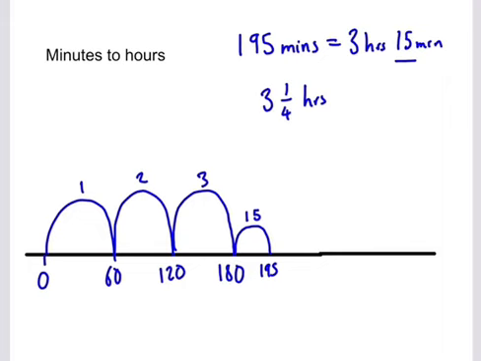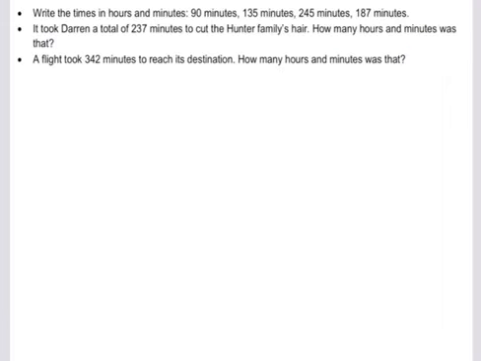Okay, let's try some questions. Write down times in hours and minutes. 90 minutes. That's 1 hour. Gets us to 60. We can't go to 120, so we need to go 70, 80, 90.